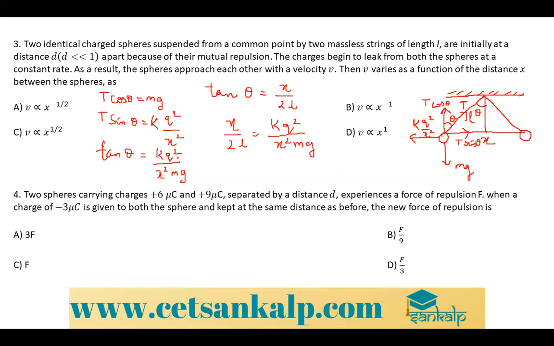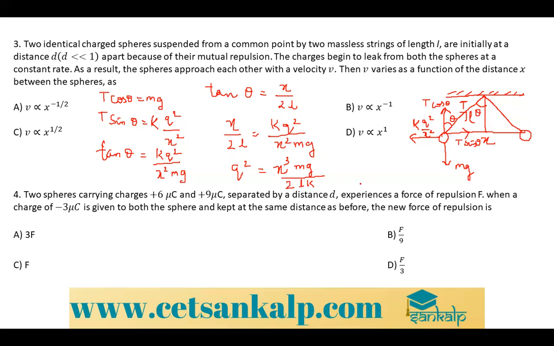So when we cross multiply, q square is equal to x to the power 3 mg divided by 2Lk.